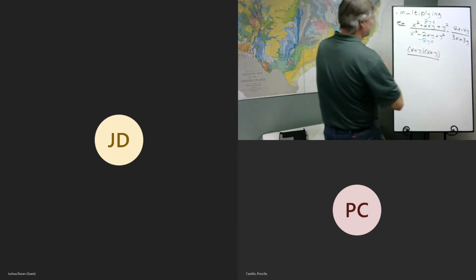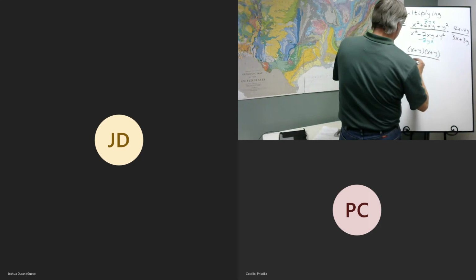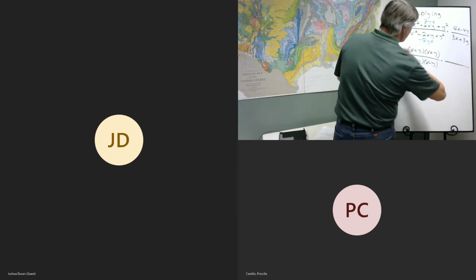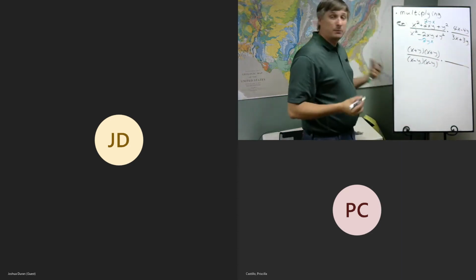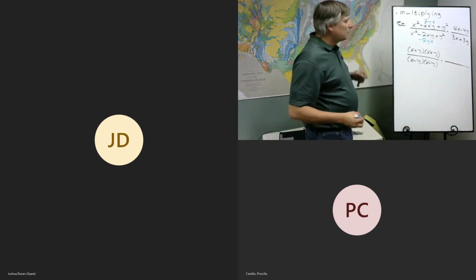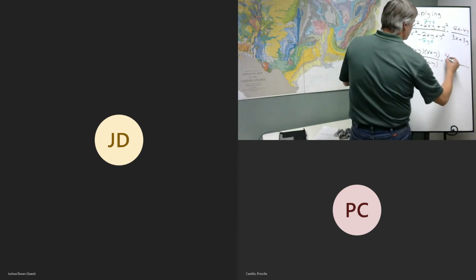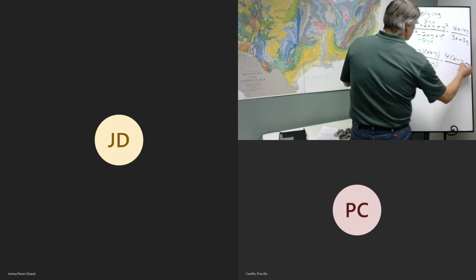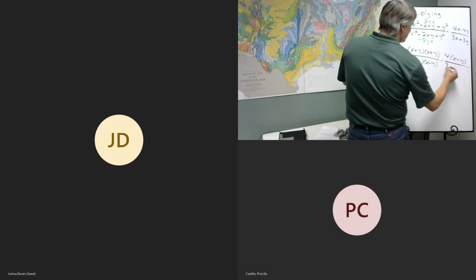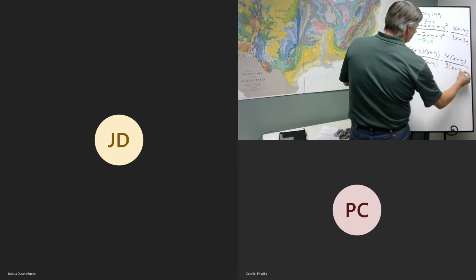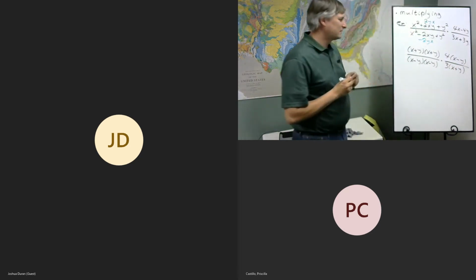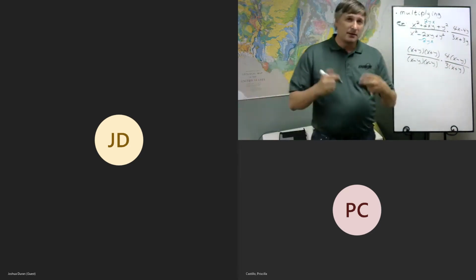So this means x minus y, x minus y. Now what do we do here? Well, we can factor out a 4. And on the bottom, we can factor out a 3. So now we multiply things together.